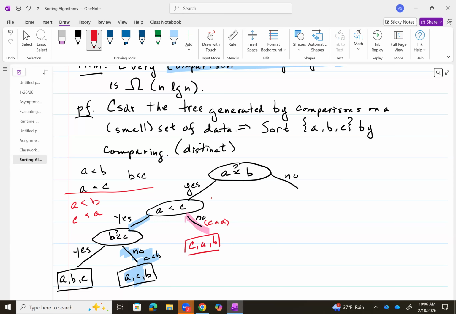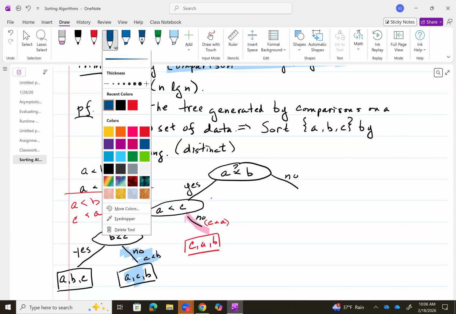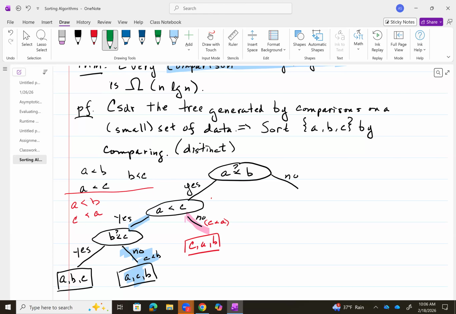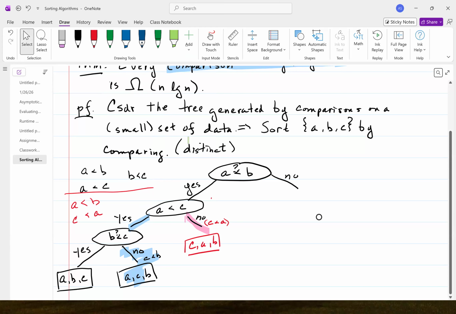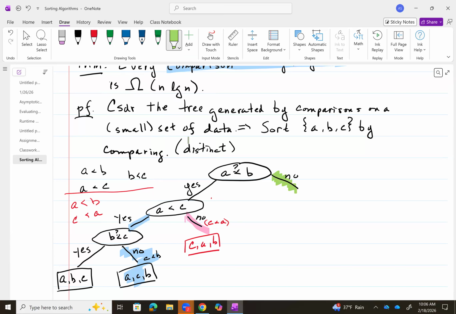Okay, what about coming to the other side over here? So let's now go looking at A is not less than B. So B is less than A. What do I want to ask now?